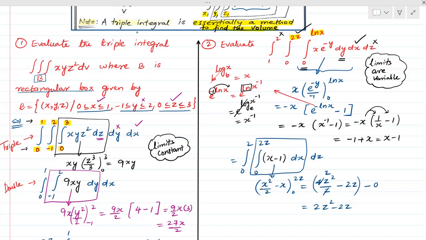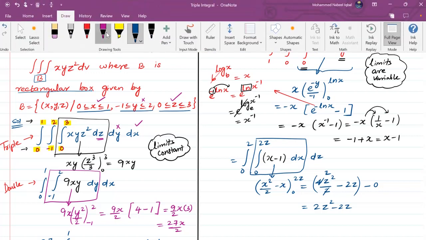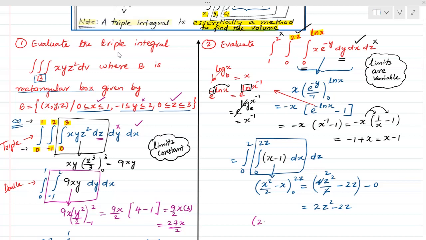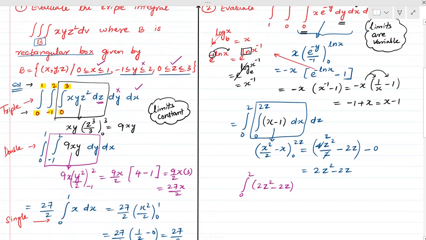So I have to substitute this in the integral: 2z squared minus 2z, and the integral is 0 to 2 dz. Upon integration, you will get 2z to the power 3 over 3 minus 2 times z squared over 2. The limit is 0 to 2. The 2 with the 2 cancels.